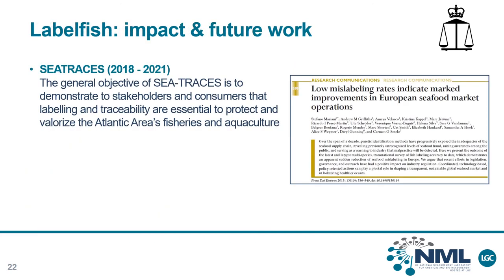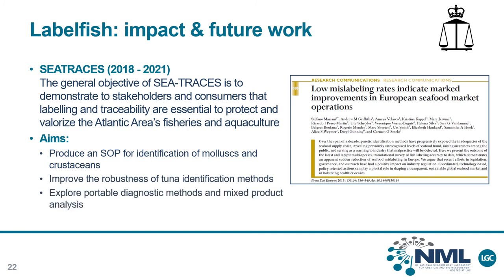The work from the Labelfish project had an immediate impact on mislabeling rates of European seafood, which was reviewed in 2015 upon completion of the project. Mislabeling rates were found to have decreased, a possible response to the policy changes and method standardization brought about by Labelfish.